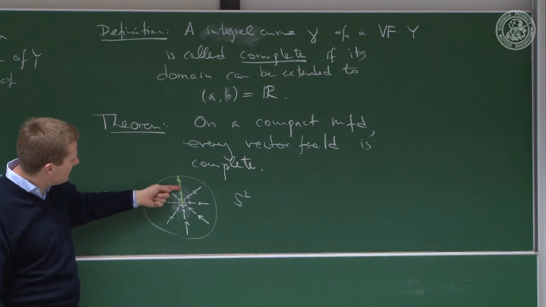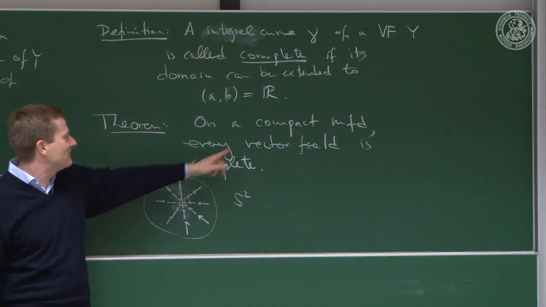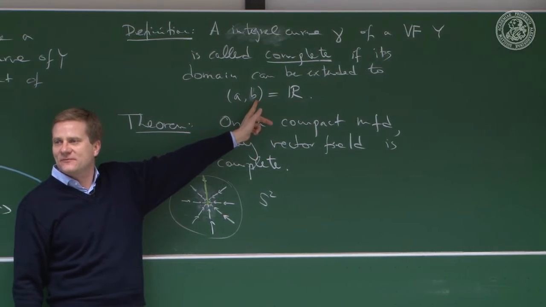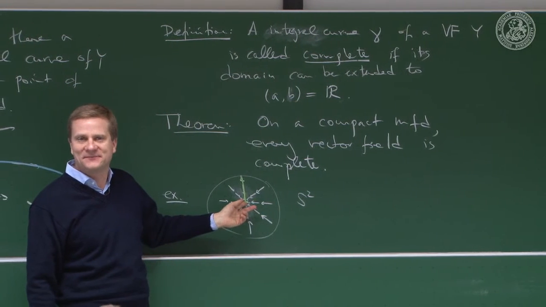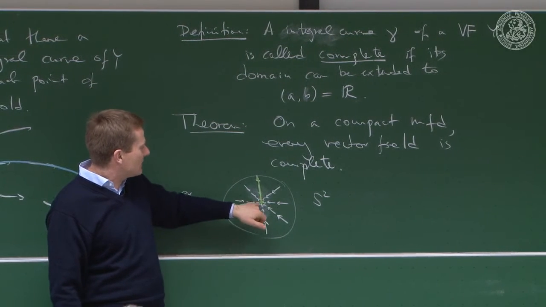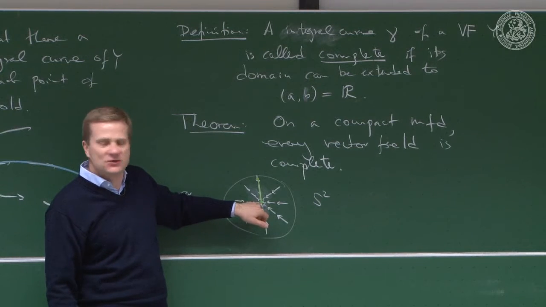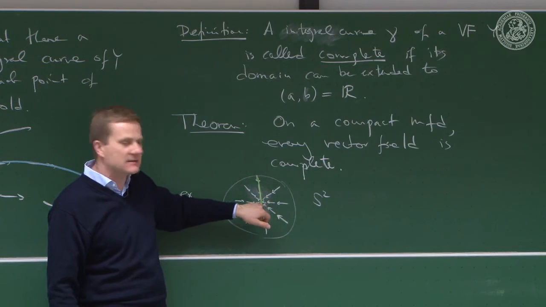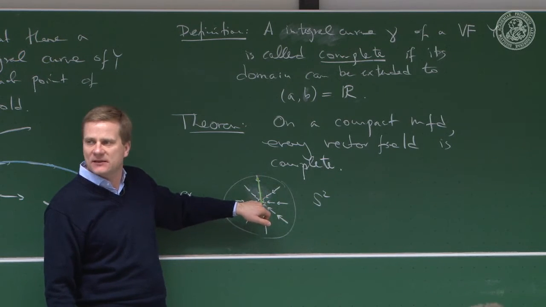And indeed, you only arrive here at infinite parameter value. Or you could also say you never arrive there. So you cannot simply look at the image of a curve, this point set here, and decide whether the curve is complete or not.